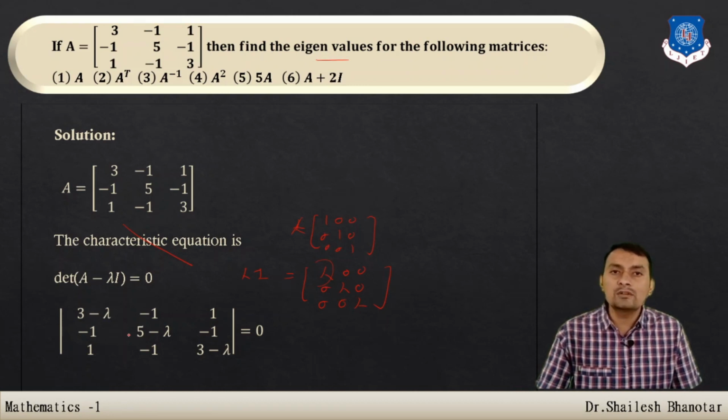There is no need to consider S1, S2 and S3, but for simplicity you might use S1, S2 and S3, where S1 is nothing but the trace of the matrix A, S2 is nothing but the sum of minors of each element on the principal diagonal, and S3 is nothing but the determinant of the matrix A.